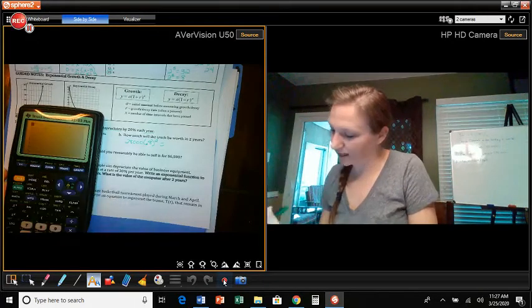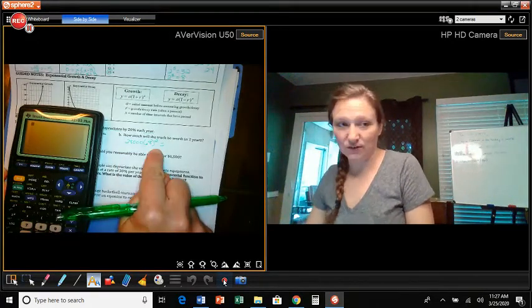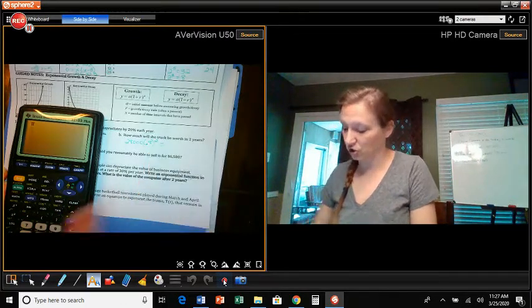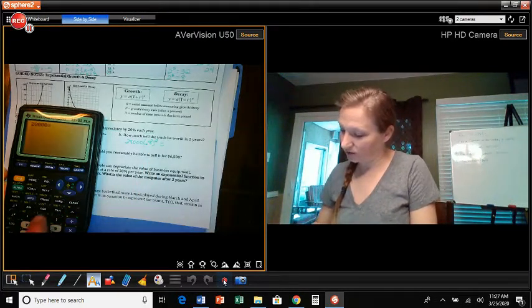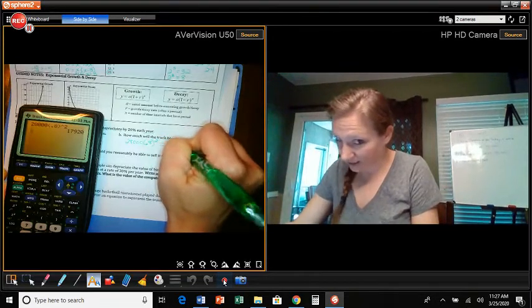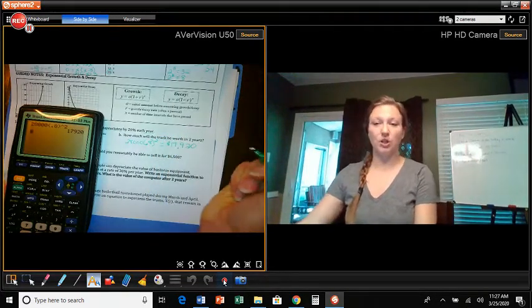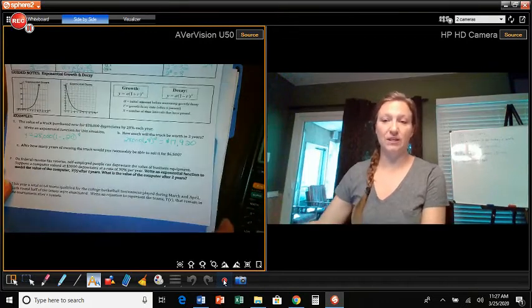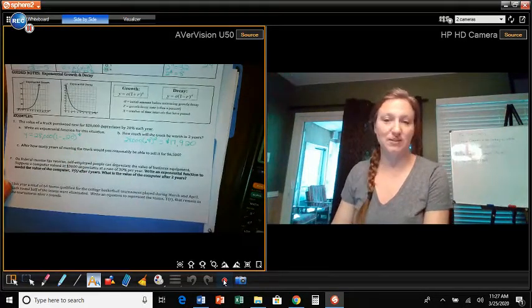Oh, we don't need to type this into y equals because we don't have values. You can just type this onto the regular screen. So 28,000 times 0.8 to the second power. So $17,920 is how much the truck will be worth in 2 years at the 20% depreciation rate.